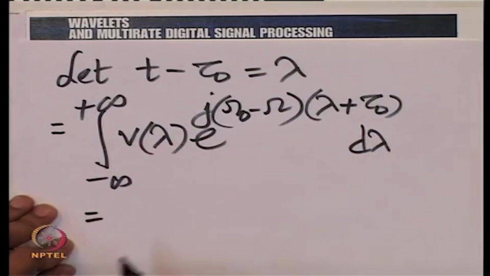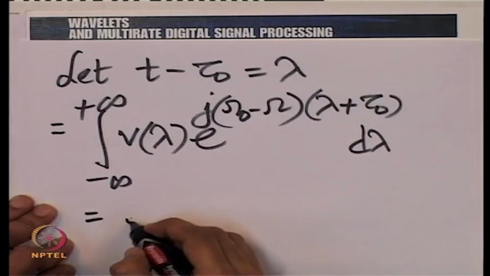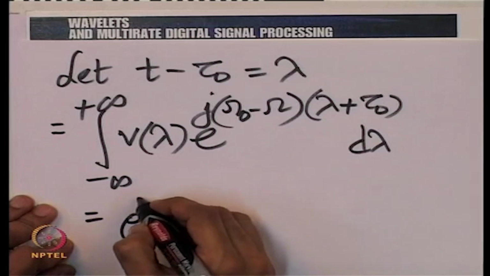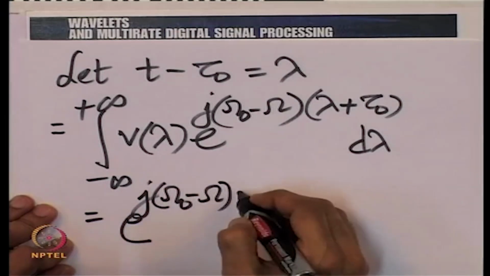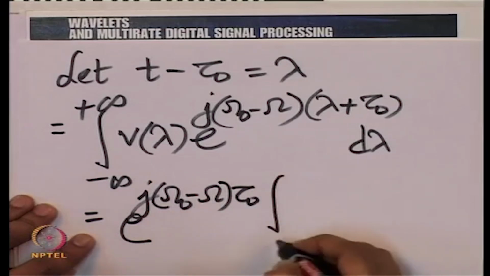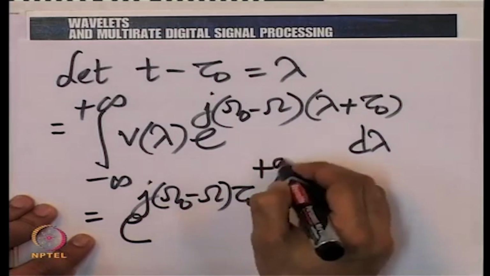So, I could bring it outside the integral. I am saying this becomes e raised to the power j omega naught minus omega times tau naught, and the rest of it inside.